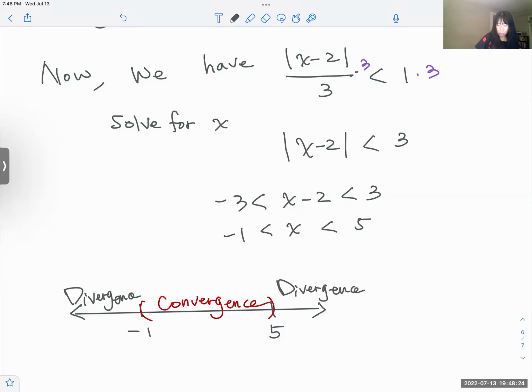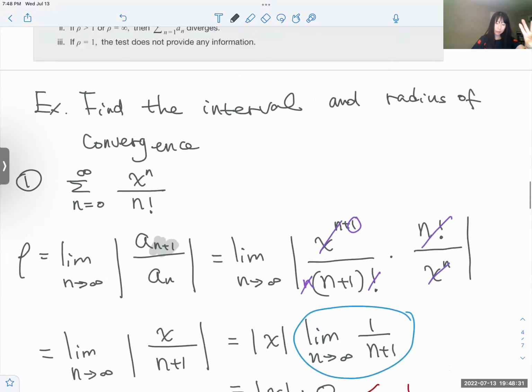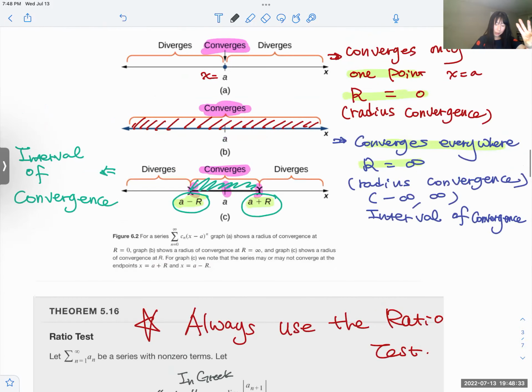Okay, let me show you type 3, right? So type 3 says that if we have an interval that converges here, then the rest will diverge. And if we have a here, then a plus r and a minus r will be the radius of convergence.